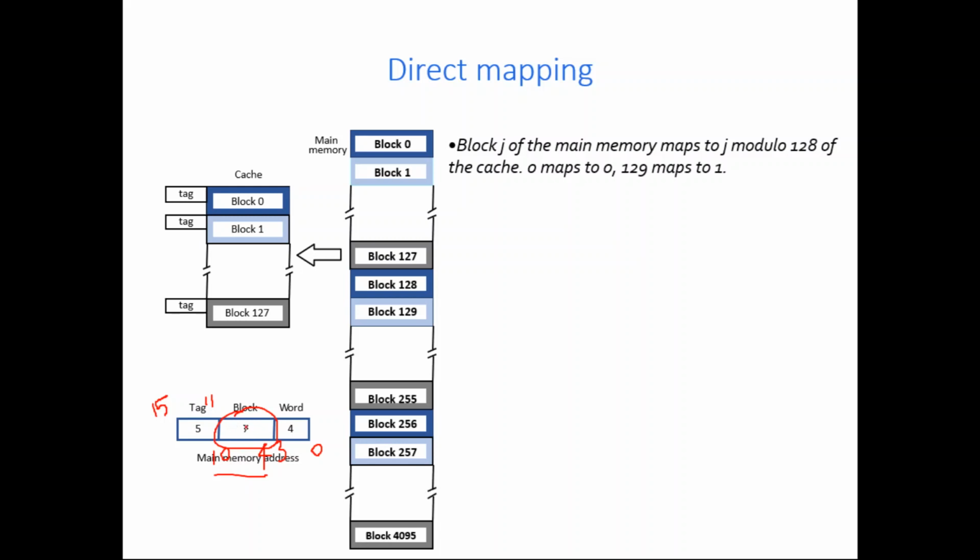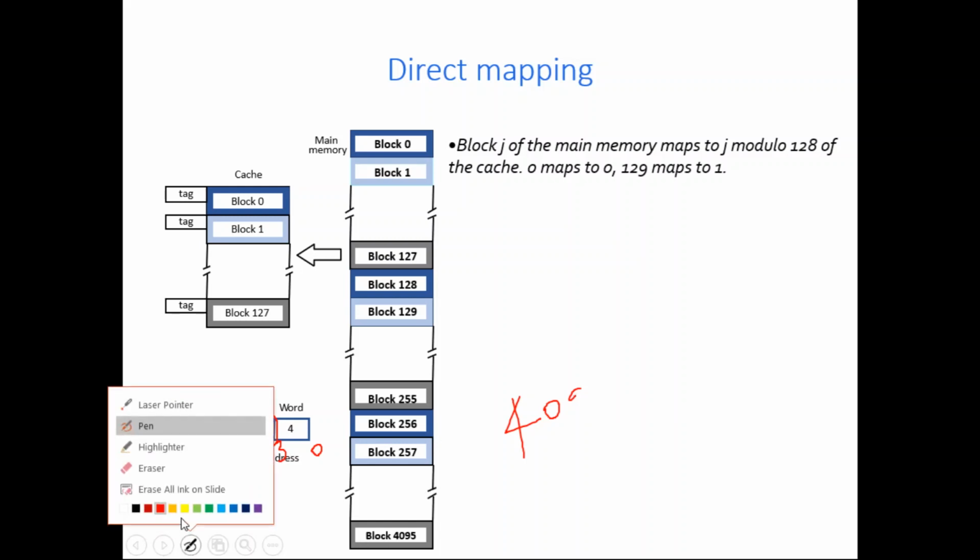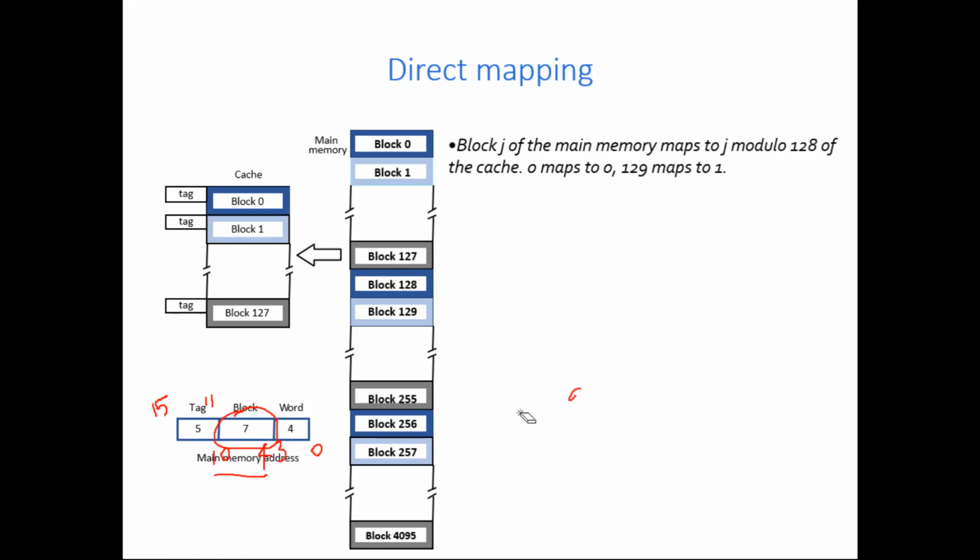Now this block number is in terms of how it is specified in the main memory. In main memory, we have how many blocks? 4096 blocks. Now, one minute. This block number is not in the style of main memory, it is in the style of cache, because here we have only 7 bits.